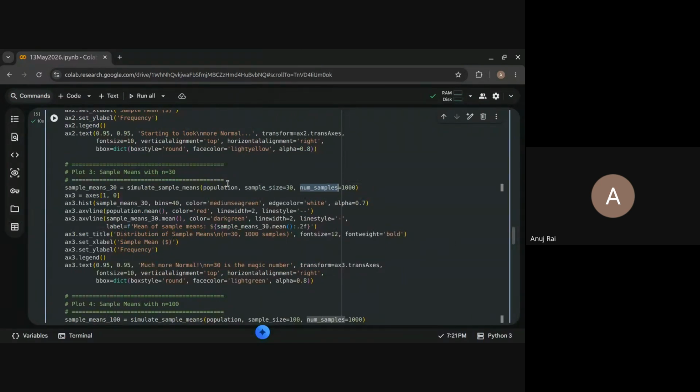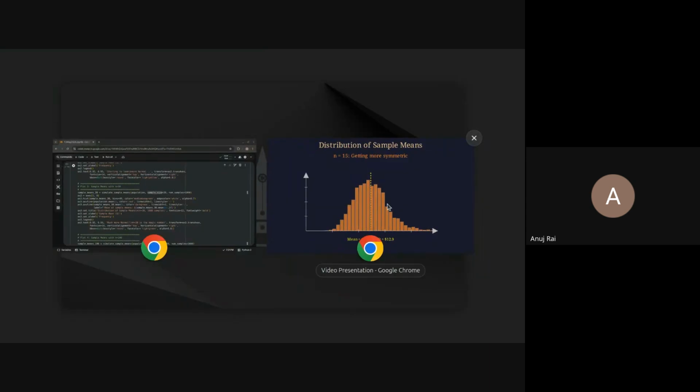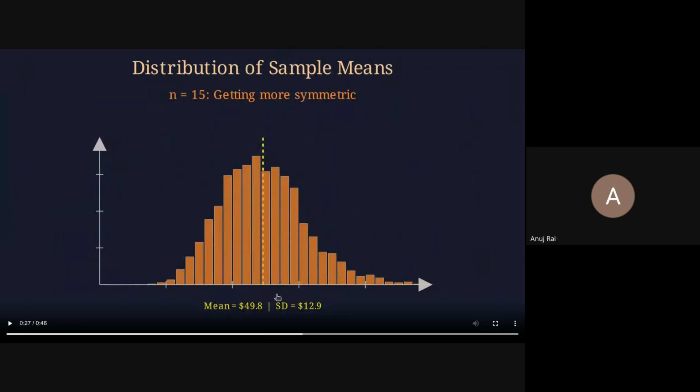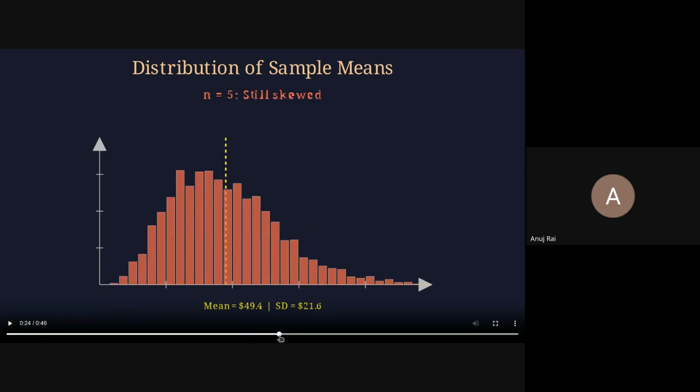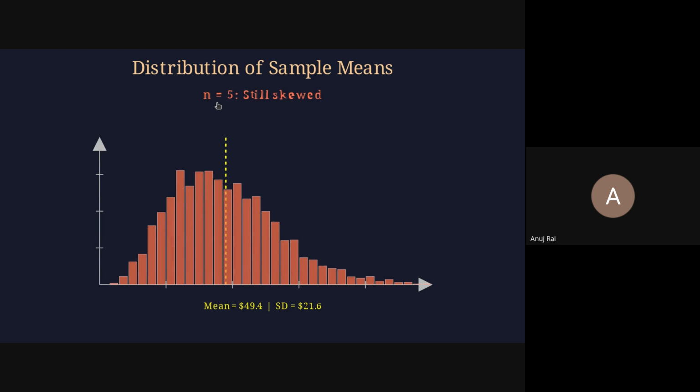The central limit theorem says that if you keep on increasing the sample size, not the number of samples, which should be optimal but not too high, meaning the batches of the survey, it will start forming a normal distribution. Here, when n equals 5 and n equals 15, it was the number of times the sample was collected.